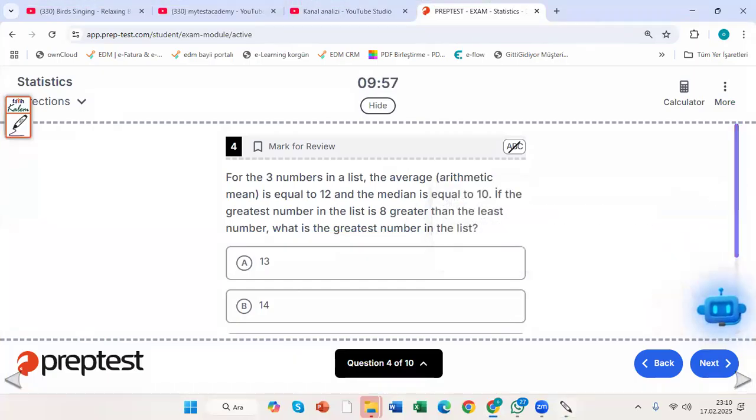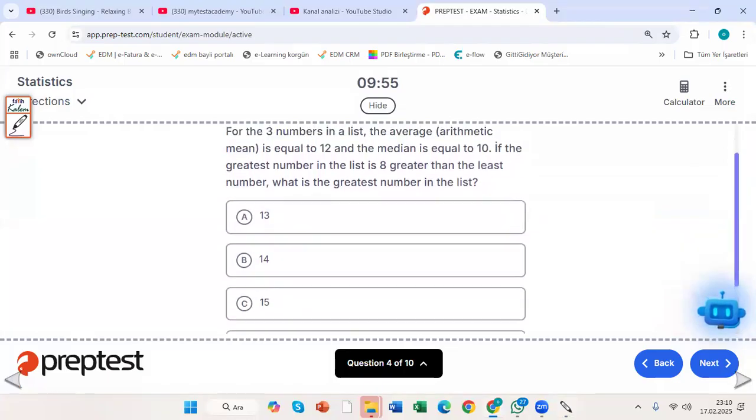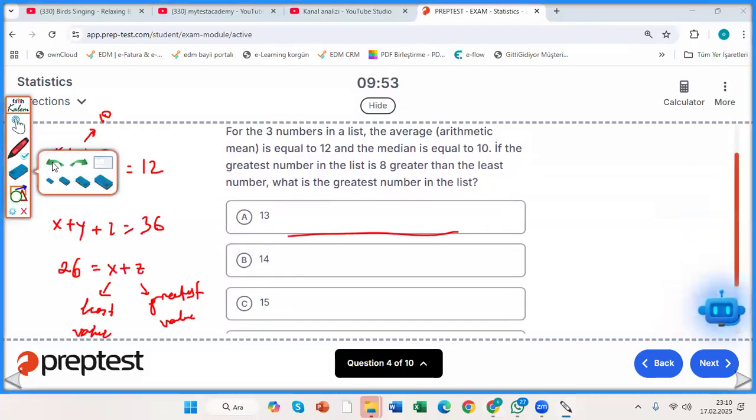It says that the greatest number in the list is 8 greater than the least number, so we know that z is 8 greater than x.